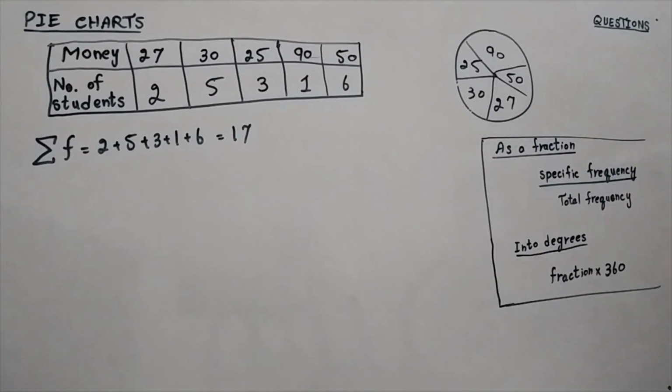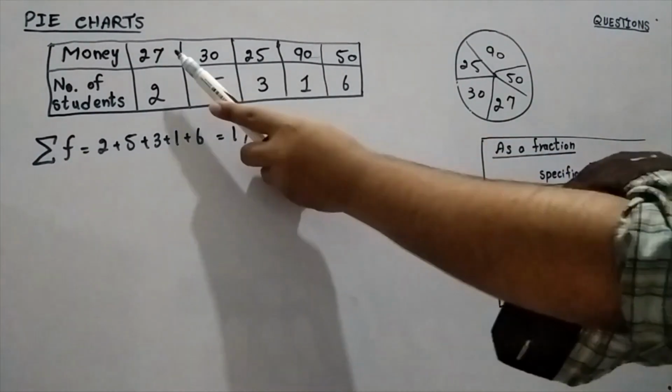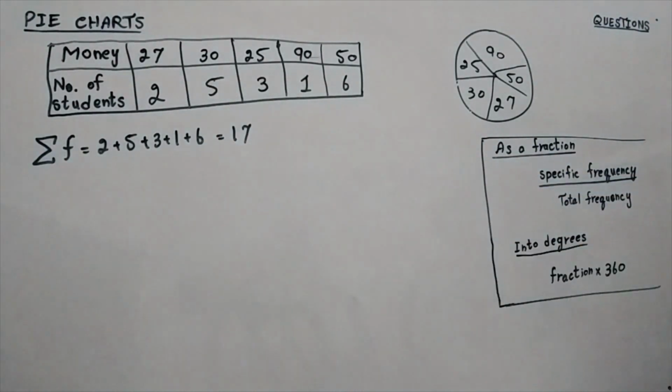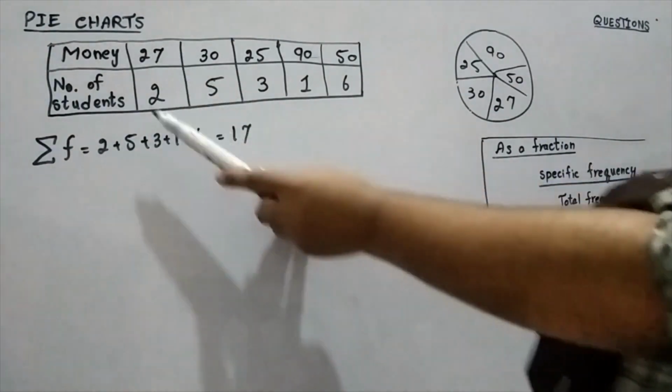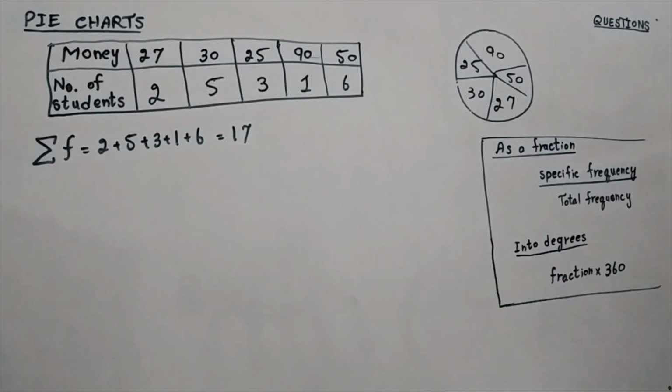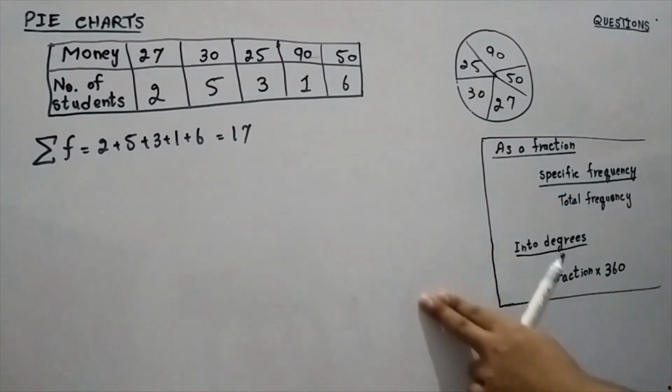Now we have taken the sum of all the frequencies, and first of all we will find what fraction of the whole data each category is. After finding the fraction we will find how many degrees this category takes up in a circle.